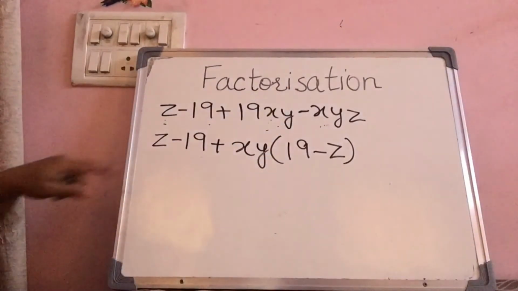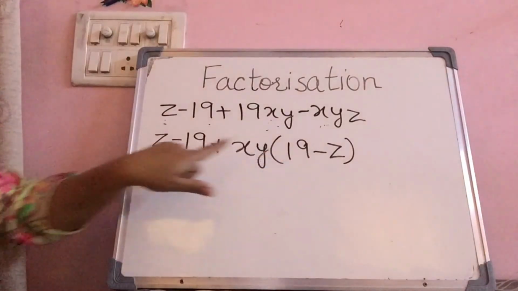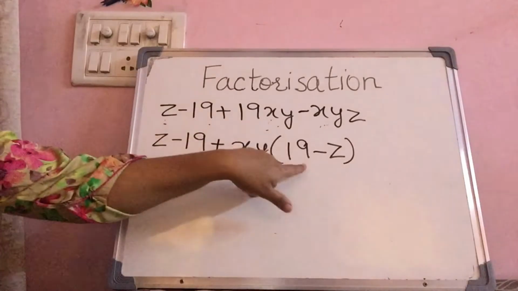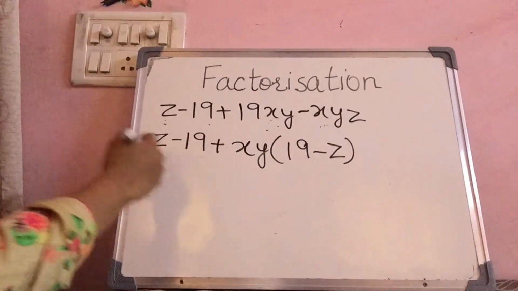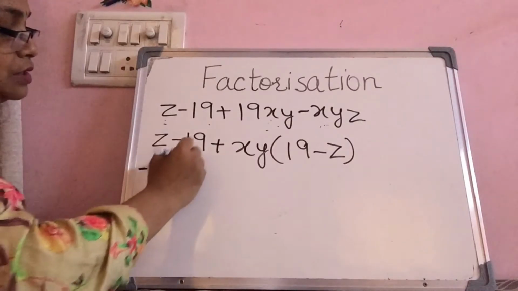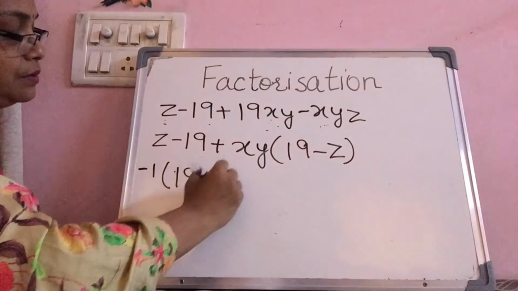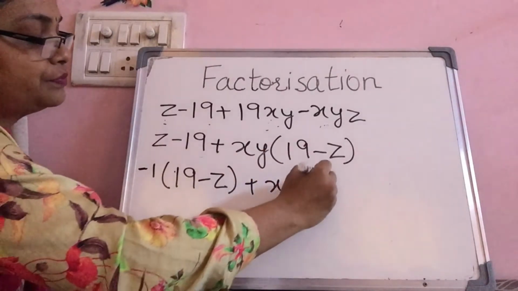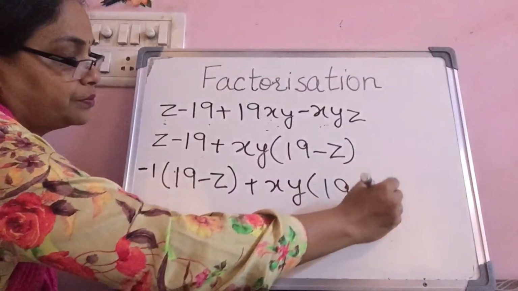It remains. We see if we want to make this 2 terms, we have to take minus sign outside the bracket so that this and this becomes same. Minus 1. This will be 19 minus z plus xy 19 minus z.